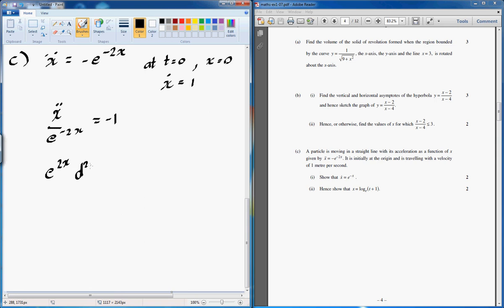This is d squared x dt squared, which I'm going to take to the other side. And I'm going to integrate this between 0 to t and 0 to x. Remember that at t equals 0, x equals 0. That's why I had this. But I'm only going to integrate it once.